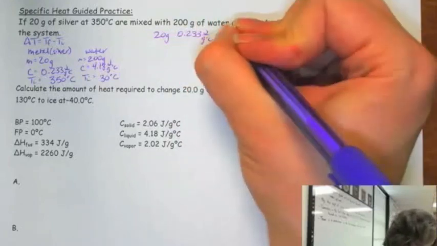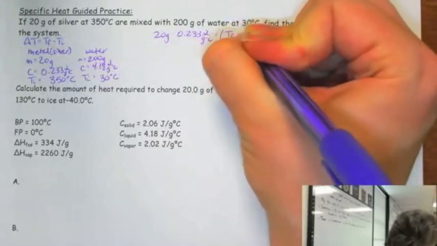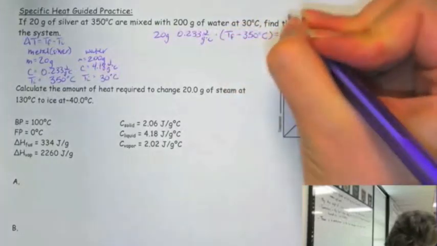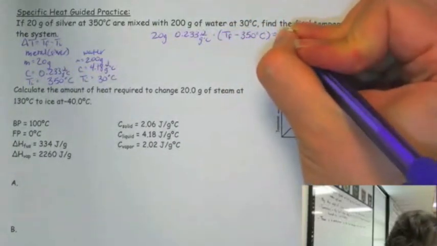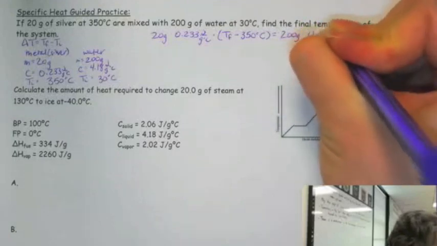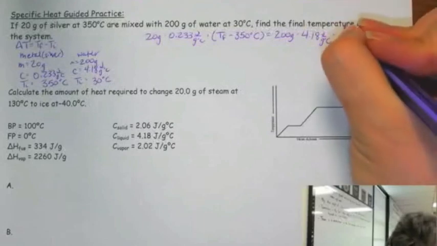Our change in temperature is going to be our TF, which we don't know, minus our TI, which is 350 degrees Celsius. Then we're going to do the same for our water. So then we're going to have 200 grams of water times our specific heat of water times our change in temperature.